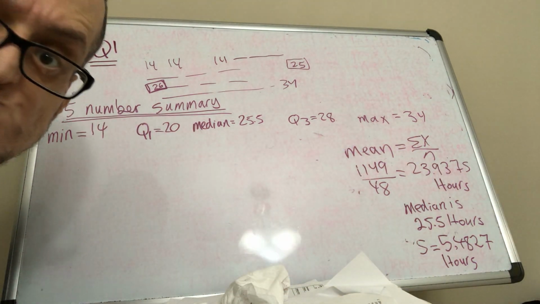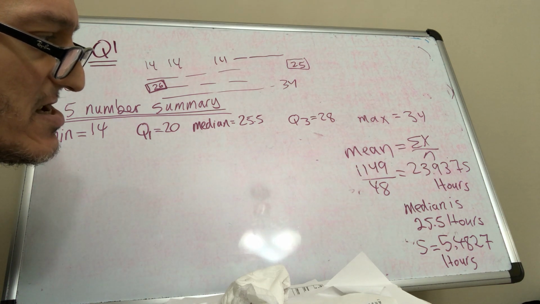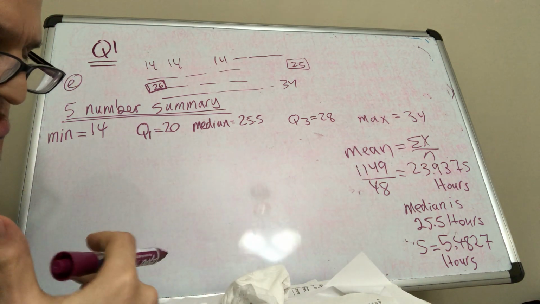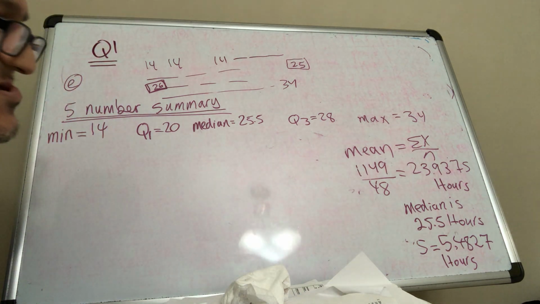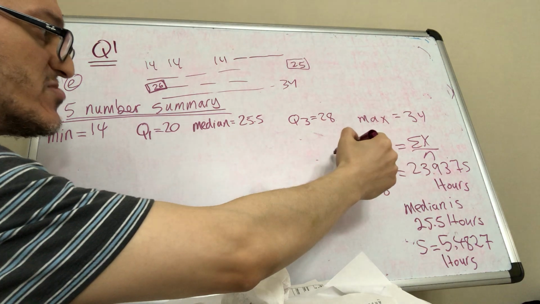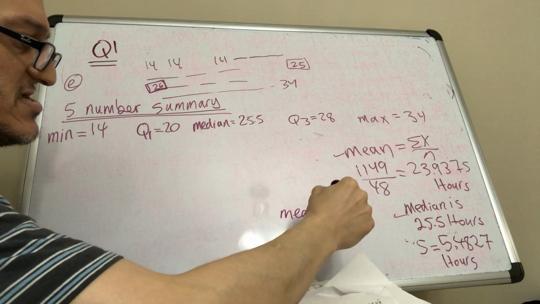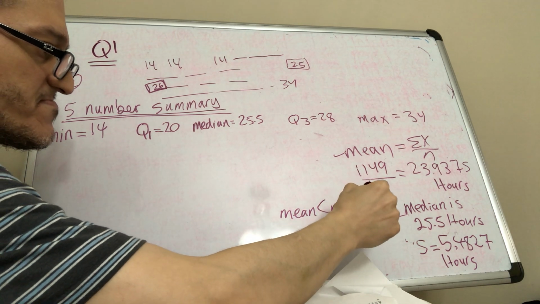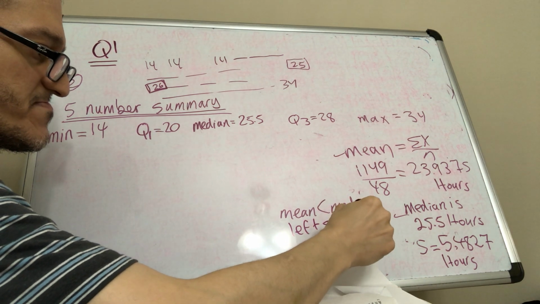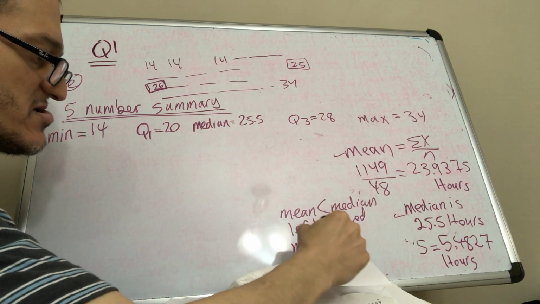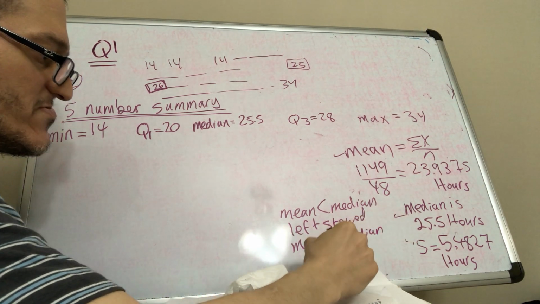Now, to use this and discuss the shape, you know, the shapes are either left skewed, right skewed, or symmetric. I'll tell you a hint. Remember when we did the mean and the median? Anytime the mean is less than the median, you have left skewed. When the mean is more than the median, you'll have right skewed.